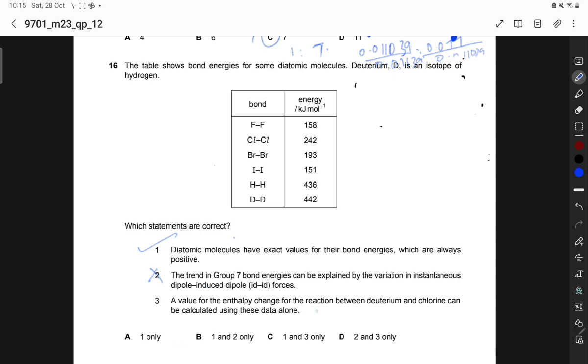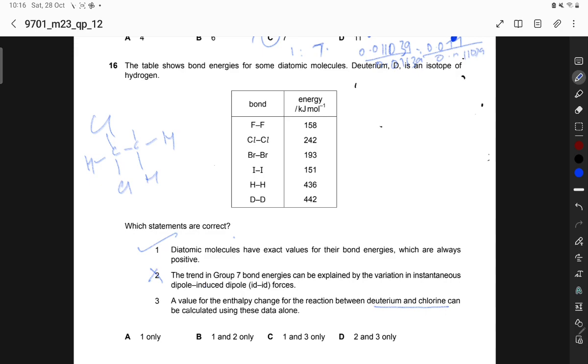A value for the enthalpy change for the reaction between deuterium and chlorine can be calculated using these data alone. Yes, this can be correct because of the HCl bond energy, like if this is Cl and HCl.